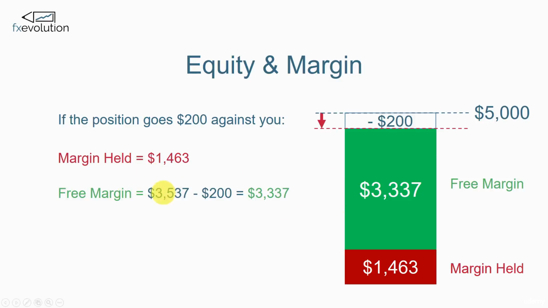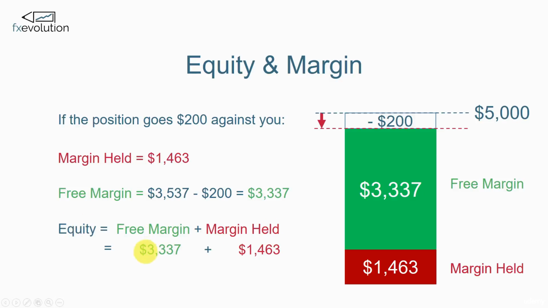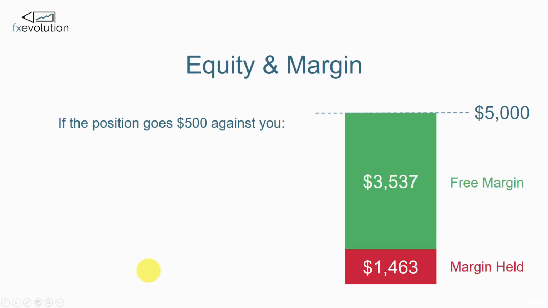So if we take our initial free margin and minus the $200 that we're currently down, that will give us a total free margin of $3,337. This would mean that if we closed the position currently, we could calculate our equity as free margin plus margin held, which would be $4,800.